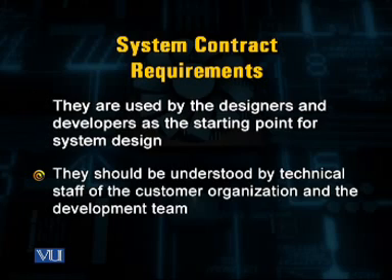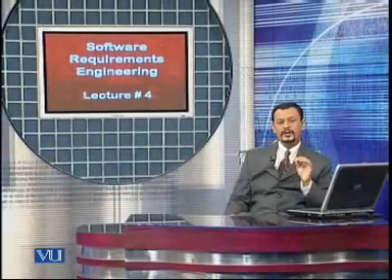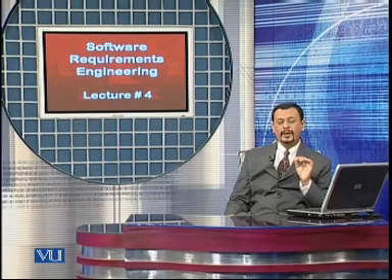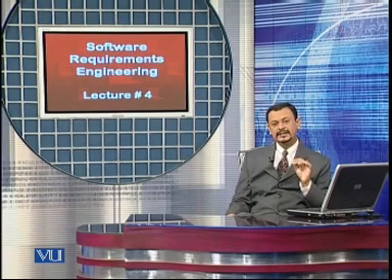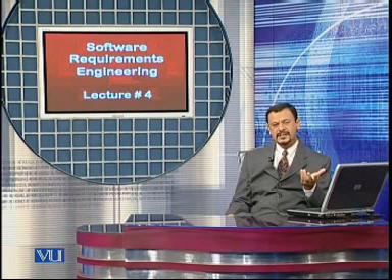And obviously, the development team has to fully understand the system and the contract requirements. They are for the designers and developers, and also for the testers who are going to then test the software product in detail.